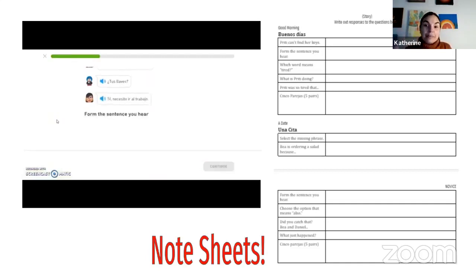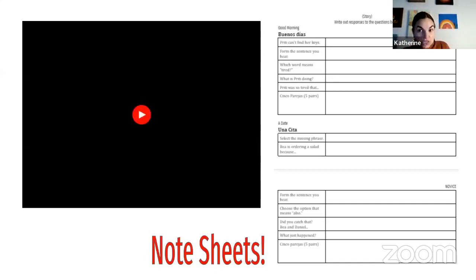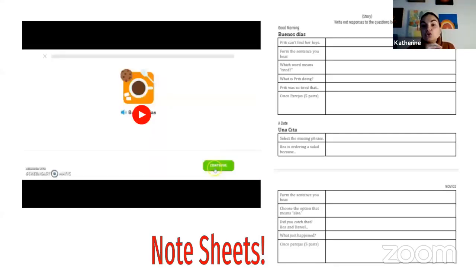I have them in the packet, as you can see, like I'm showing the one, Buenos días, on the screen. And they have to write their answers just like they're answering on the computer, the same exact way. And they even have to do the 5 pairs at the end of the story.